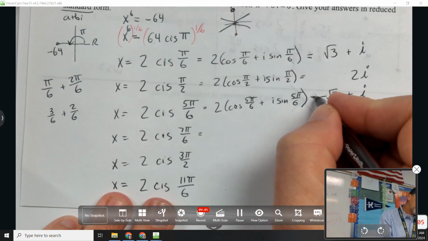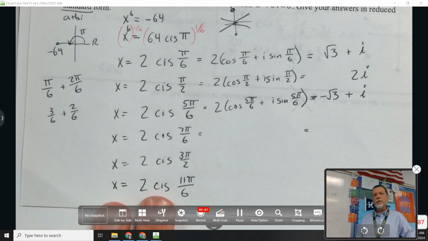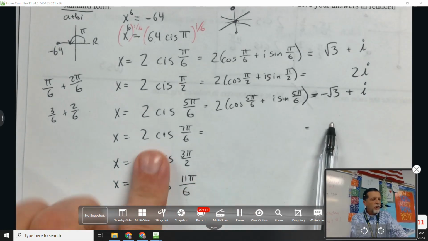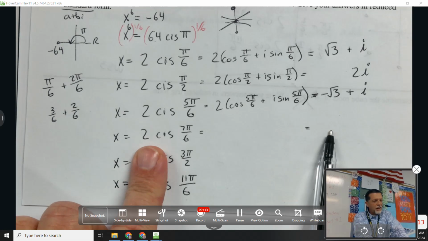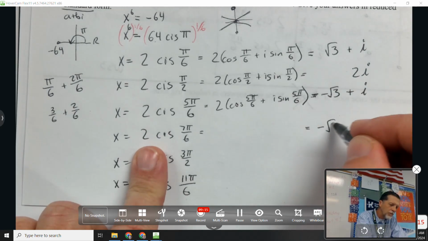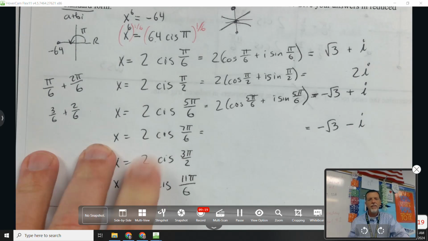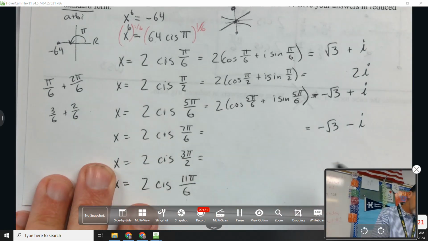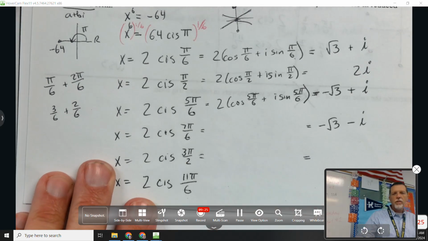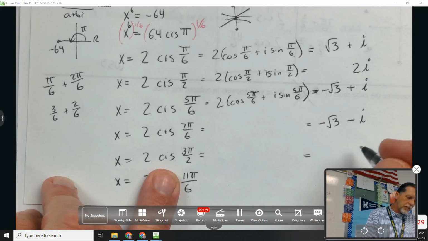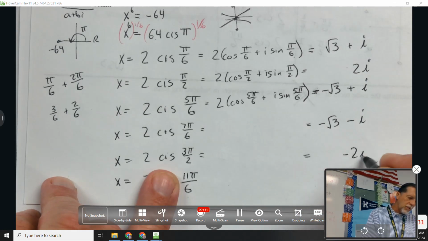And then just to encourage some of your reckless behavior of not showing work, cosine 7 pi over 6 is negative root 3 over 2, so negative root 3. But then the sine is negative a half. Cosine 3 pi over 2 is 0. Sine 3 pi over 2 is negative 1, so minus 2i.